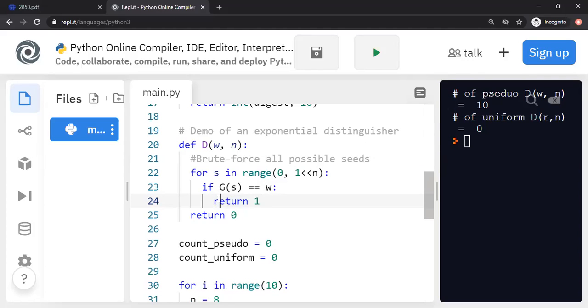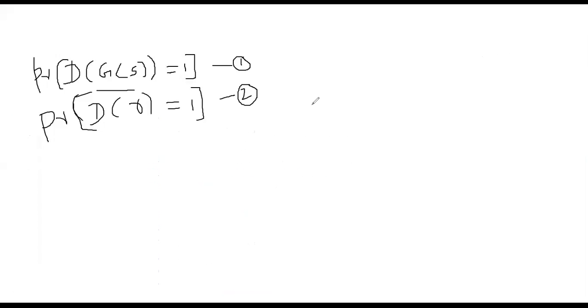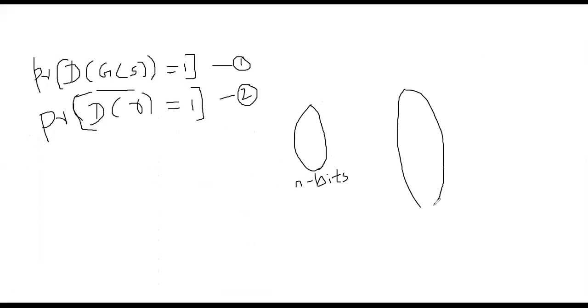All you need is one mapping, like if I go back to my whiteboard. Remember, all we are doing is mapping from the set of n bits. Here are your n bits, all the numbers are n bits, and G is basically mapping it to another set made of 2n bits.